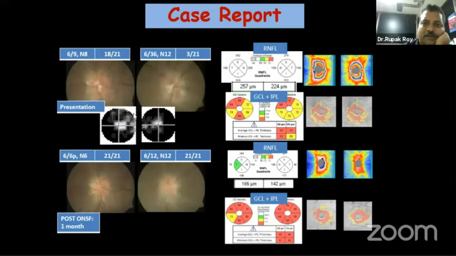This is the patient at present: 6/9 in the right eye and 6/36 in the left eye, and at final follow-up 6/6 and 6/12. You can see the progression of the GCL and IPL thickening, as seen in the charts.